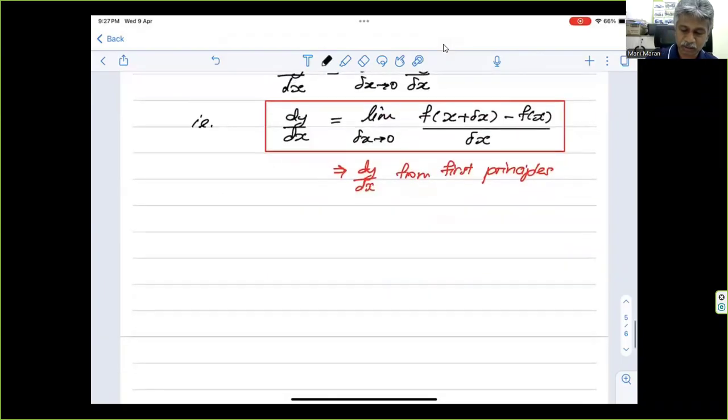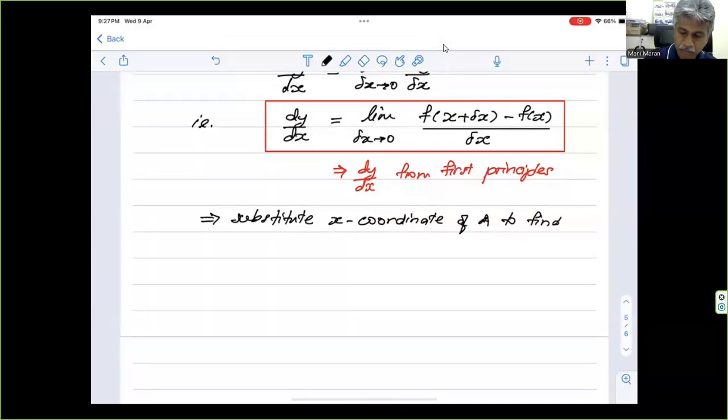So what we do here, we substitute the x coordinate of A to find the gradient at point A.